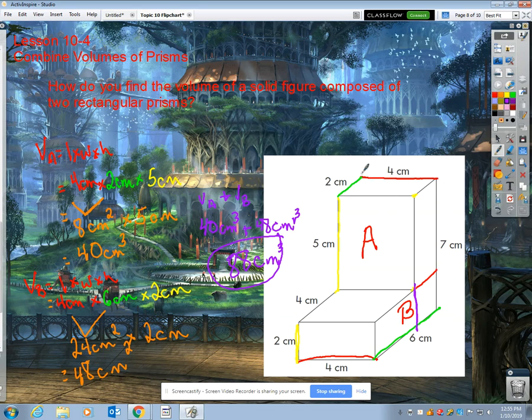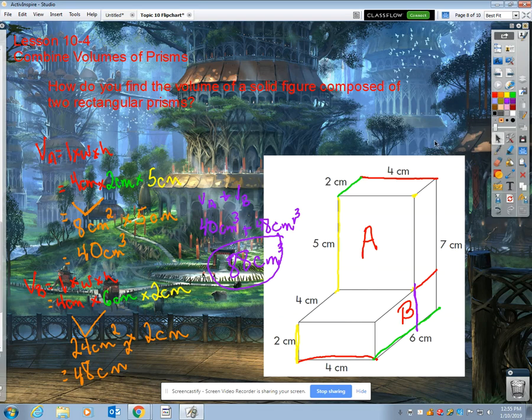So that would be A. So again, A would be 4 times 2 times 7. And then I look at just this front prism, which would now be 4 long by 4 wide by 2 high. And if I calculate those out, I will get the exact same measurement.